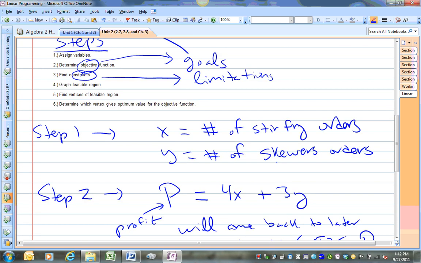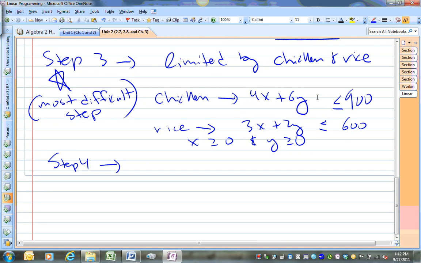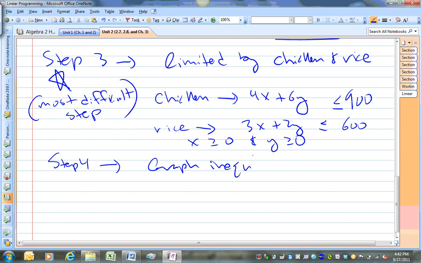The feasible region, remember, feasible represents what's possible. So we're going to graph these inequalities and shade. You want to graph the inequalities because this will tell us what's allowed, all the constraints.